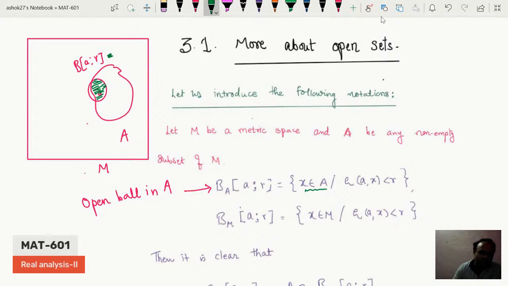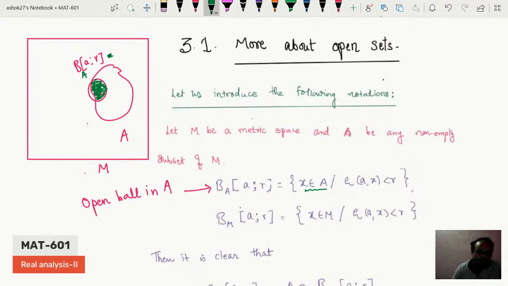And what is B_M(a, r)? It is the open ball in M, and the other is the open ball in A, where A is any subset of M. It contains all x belonging to M such that the distance of x from a is strictly less than r.